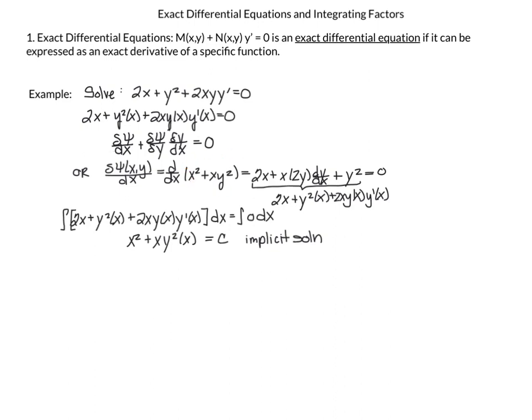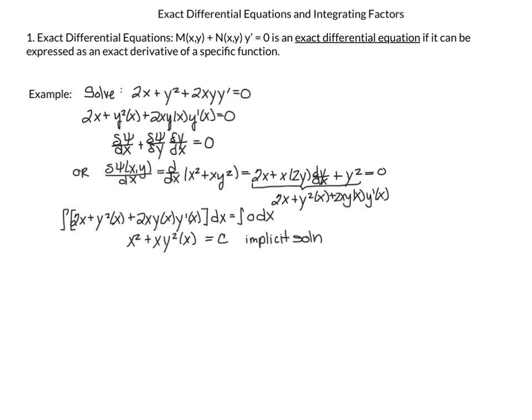But what I noticed is if I let psi be equal to x squared plus xy squared and then take the derivative with respect to x, so this is going to be 2x, and here with respect to x, remember y is a function of x, so by the product rule, I'm going to have x times the derivative of y squared, which is 2y times dy dx. Remember, it's the product rule as well as the chain rule. And then I'm going to have the derivative of x, which is 1, times y squared.